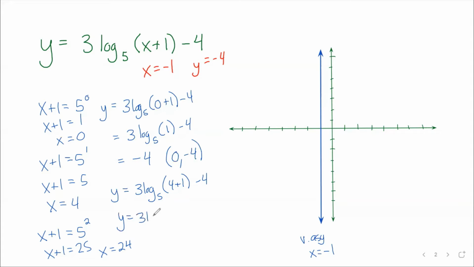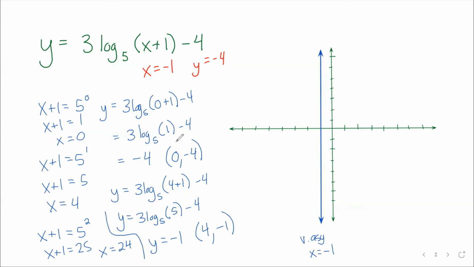We made it that way on purpose. We already know what the result is supposed to be. But of course, nothing wrong with just running through the math. So y equals log base 5 of 5 is 1. 1 times 3 is 3. 3 minus 4 is -1. So we have our second point that when x equals 4, y equals -1.